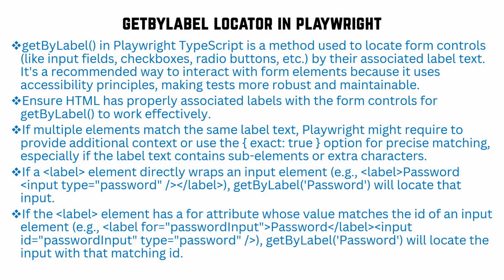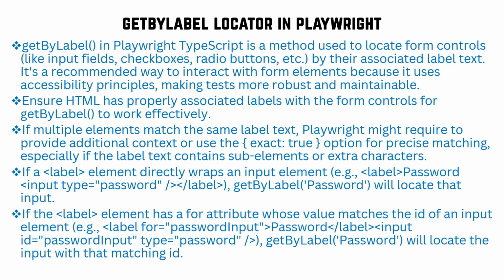Get by title targets the title attribute, while get by text targets the visible text content of an element. By default, get by title performs a case-sensitive whole string match. The title attribute value is trimmed of white space before matching.